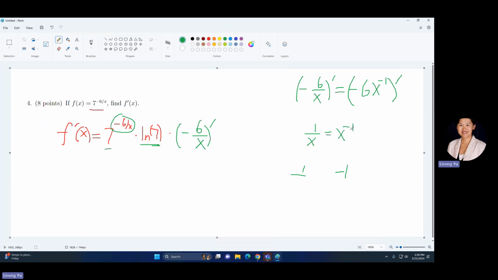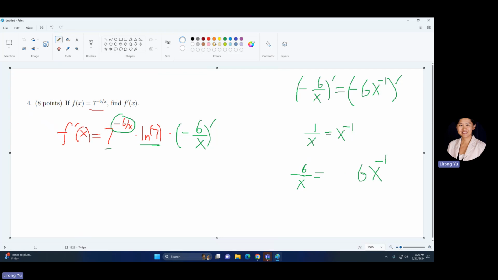So 6 over x equals 6 times x to the power negative 1, and then we add a negative sign to it.